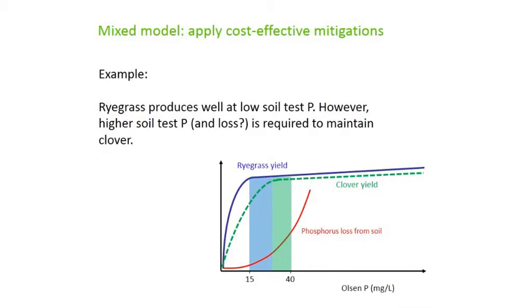So why not put ryegrass in areas which are likely to produce runoff and clover in other areas? The agronomic advantage of this is that you don't have the shading effect from ryegrass, and hence your clover is able to fully express itself. By decreasing that Olsen-P, you are much less likely to have P loss associated with that red curve there.